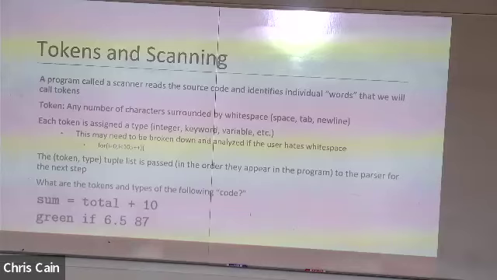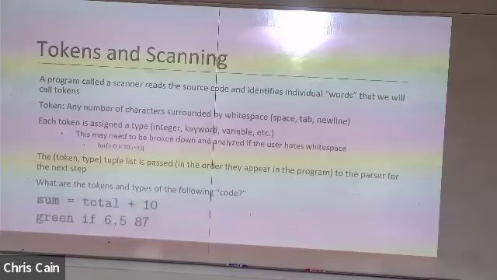Plus would be an operator, 10 would be a constant. Yeah. How about the second one? Green is a variable. If is a keyword. 6.5 is a float constant. And 87 is an int constant. Yeah.